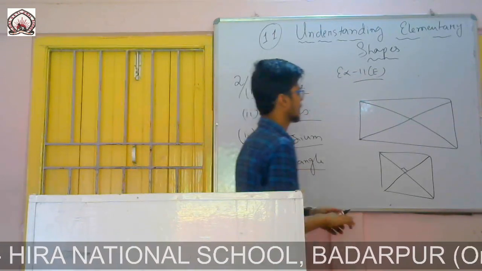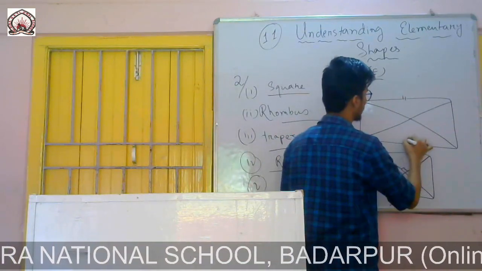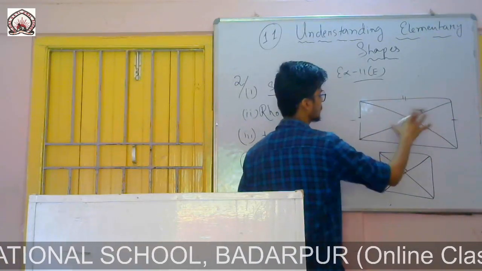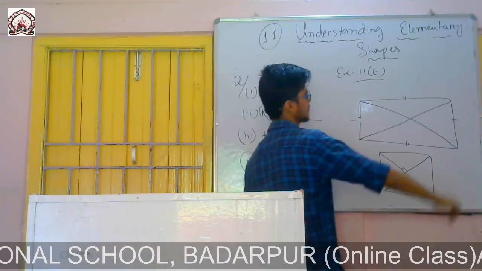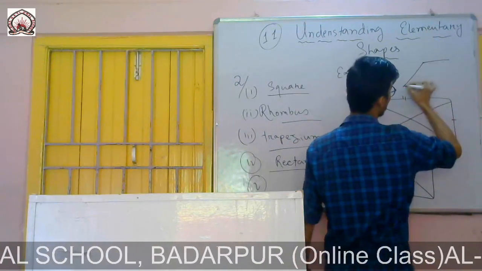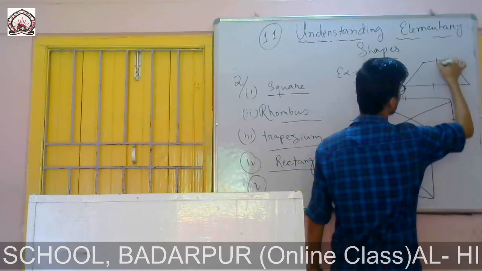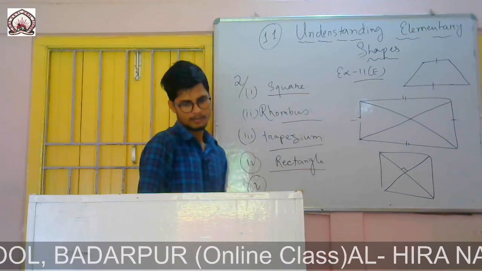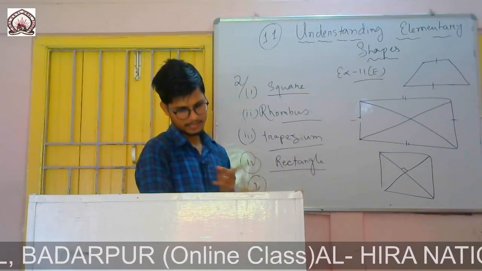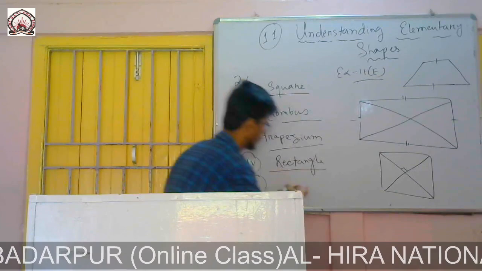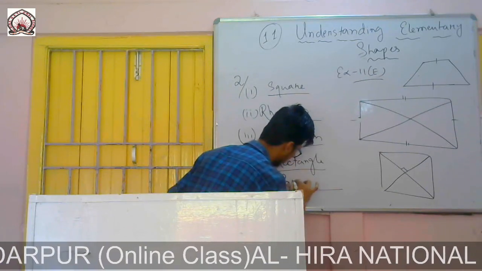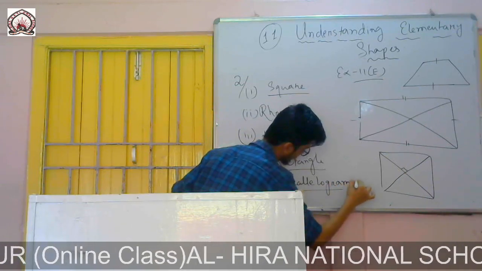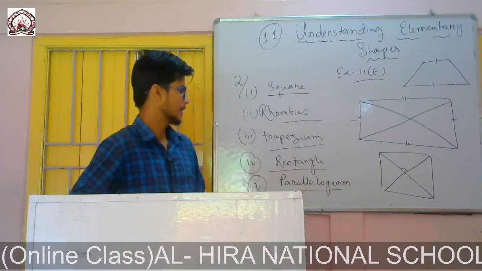Rectangle and square have two pairs of parallel lines, but in a trapezium you will find only one pair; these two sides are not parallel. So except trapezium, square, rectangle and rhombus are parallelograms. So the answer will be parallelogram.